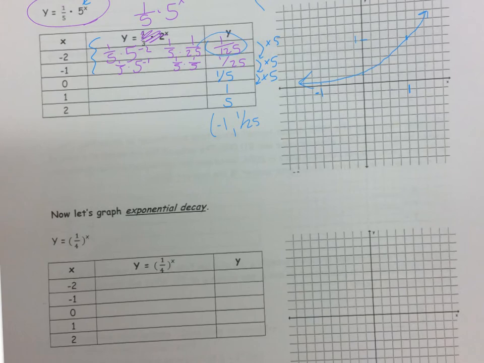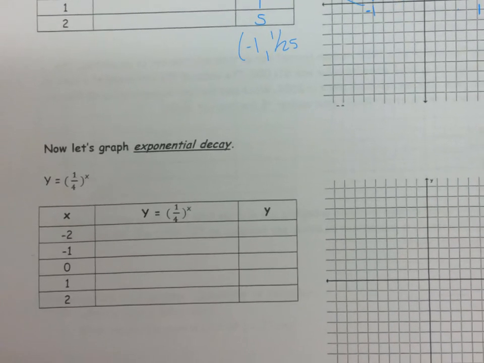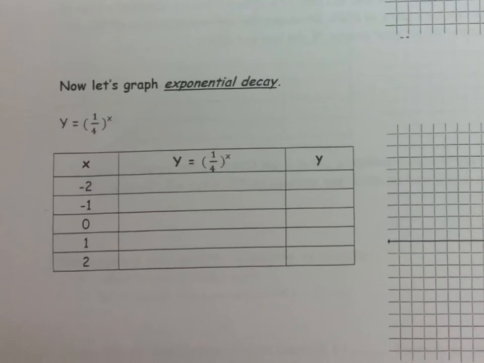Okay, let's see what happens with decay. So decay. 1/4 to the -2. Let's look at that right up here. 1/4 to the -2.